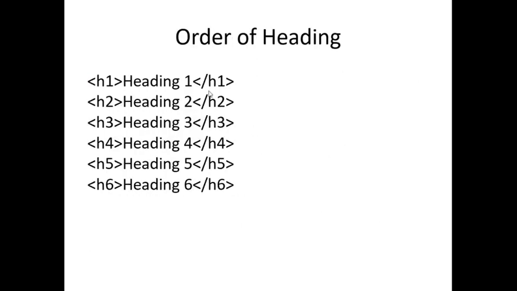This is the order you should follow so that your document looks structured. Otherwise, if smaller is on top and bigger at the bottom, and then again smaller and bigger, it will not look better. So it's best practice, if you are using more than one heading, to maintain the order.